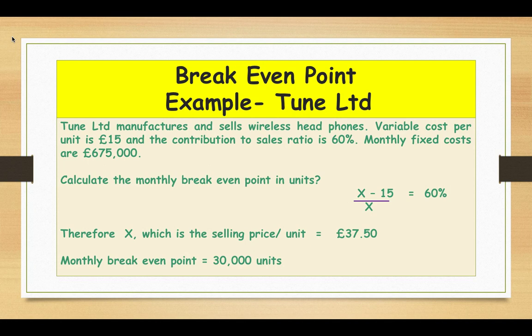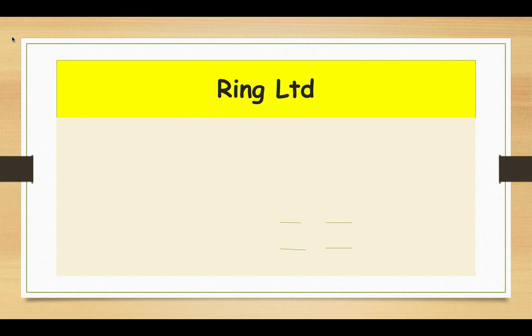So the monthly break-even point in units is 675,000 divided by 22.5, our contribution per unit. So we get 30,000 units as our monthly break-even point in units.